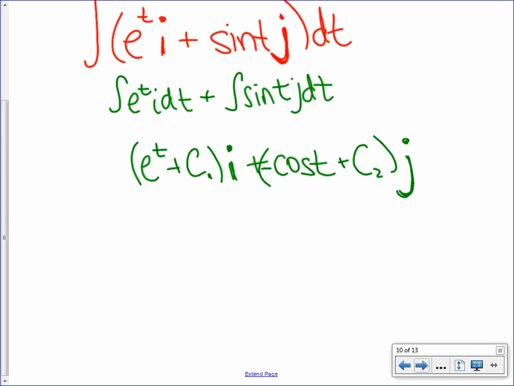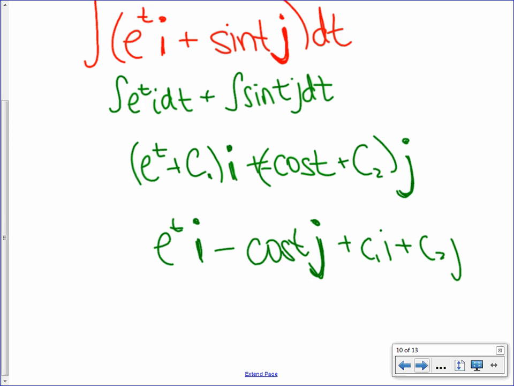So basically what we have is e to the t i minus cosine of t j, and then we have plus c1 i plus c2 j.